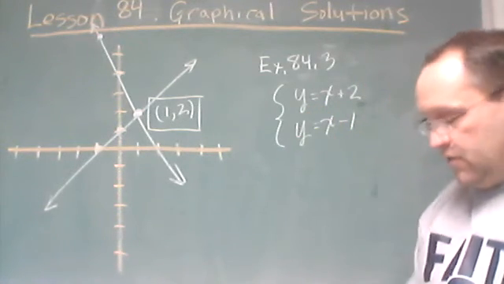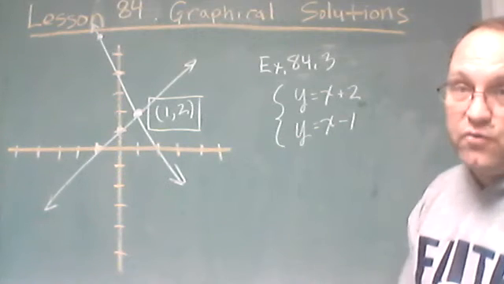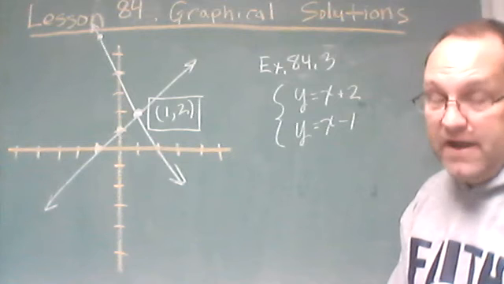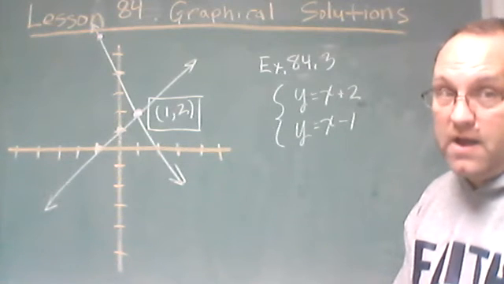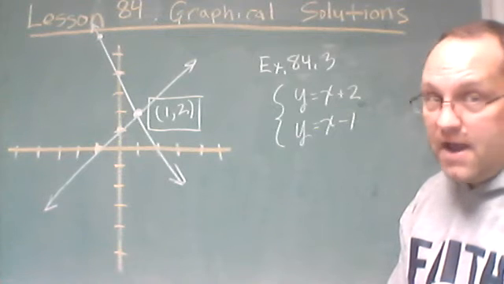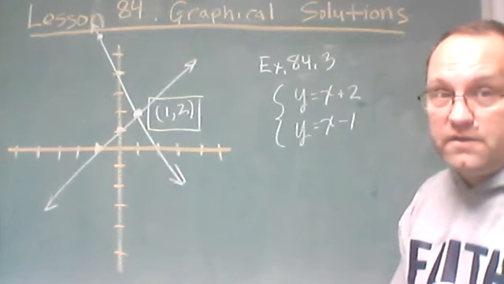And if you notice in the example, when you do your data points, your ordered pairs, and you plot the lines, the solution for 84.3 was two lines that were parallel to each other. They did not intersect. What is the solution then to that problem?